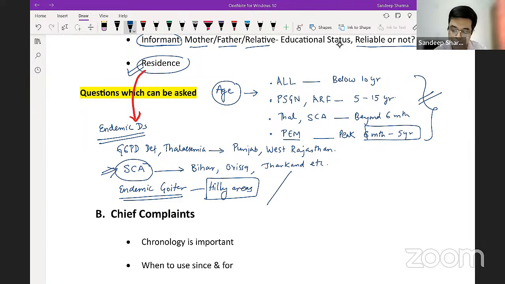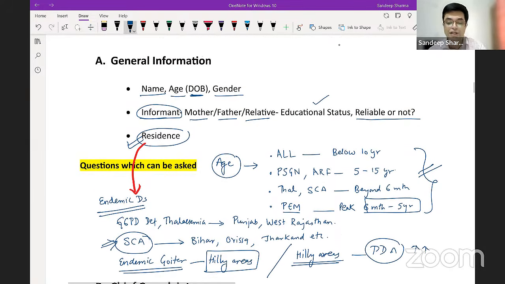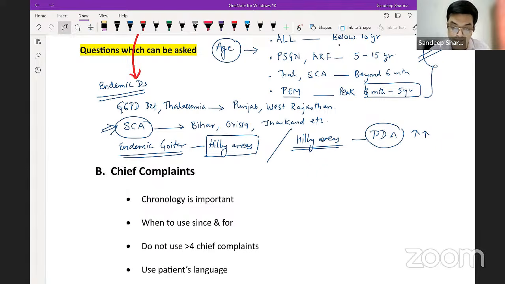Also in hilly areas, the chances of congenital heart disease like patent ductus arteriosus is more common. People living at high altitude, with low oxygen concentration, will not allow the ductus arteriosus to close, and that is why PDA will be more prevalent in these hilly areas, right? So these are the questions related to the general information that can be asked to you in the exam.